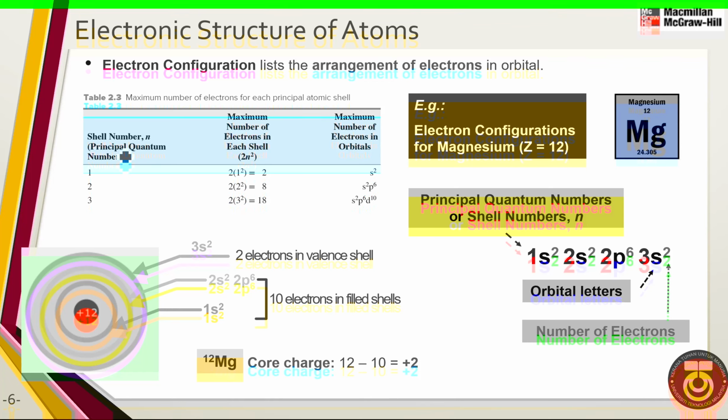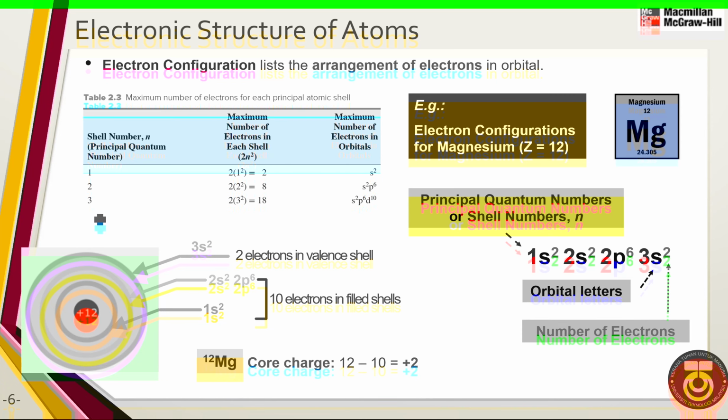Each shell has subshells. For shell number 1, we can have only 1 subshell, which is S. For shell number 2, we can have 2 subshells, S and P. And if we have shell number 3, we can have 3 subshells, S, P, and D. So if n is 3, 3 squared is 9, and 9 multiplied by 2, you get 18.